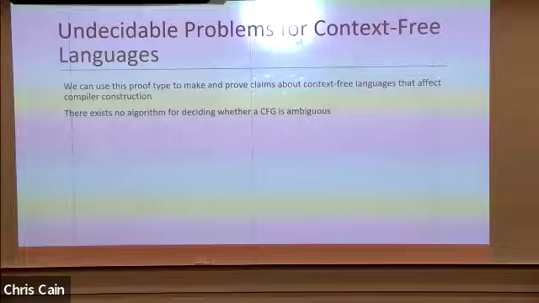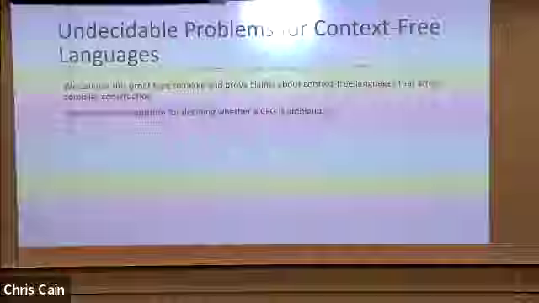You can show that for one string, for 10 strings, for any finite number of strings, but as soon as the language has an infinite number of strings in it, that becomes a task that will never finish. There's no guarantee that just because you've shown it for every string you've gone over so far, there is no string you haven't seen yet that would have two different ways to map it.